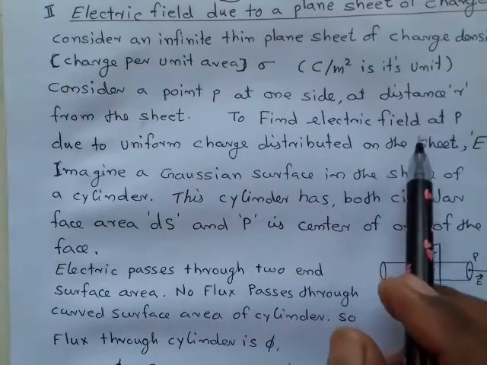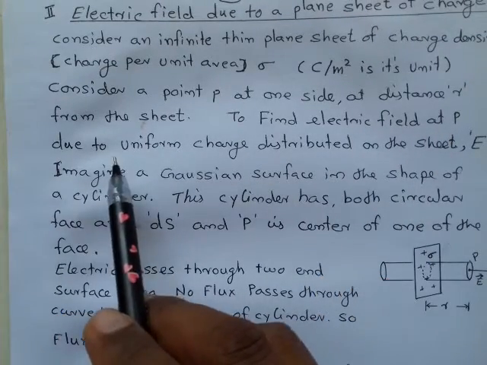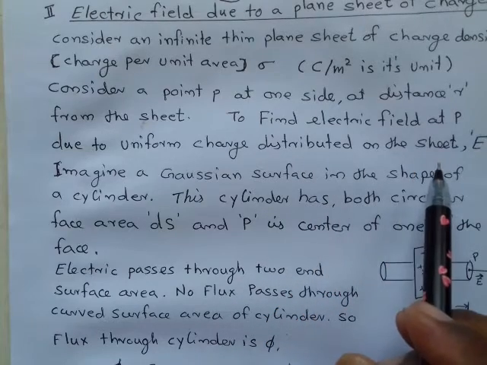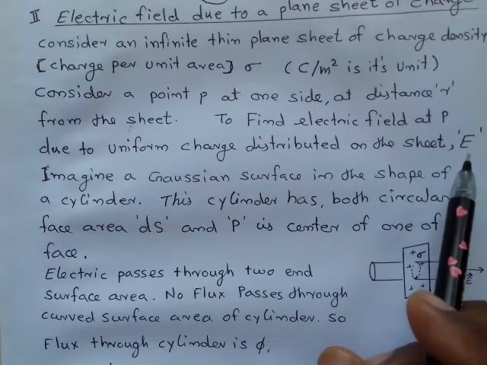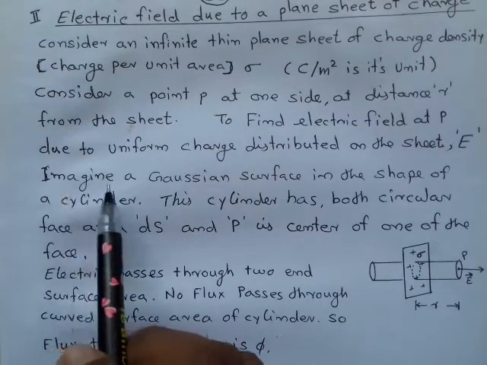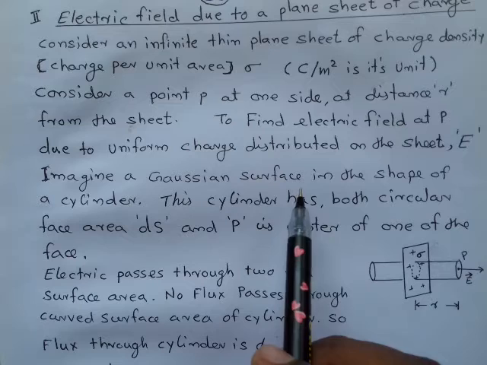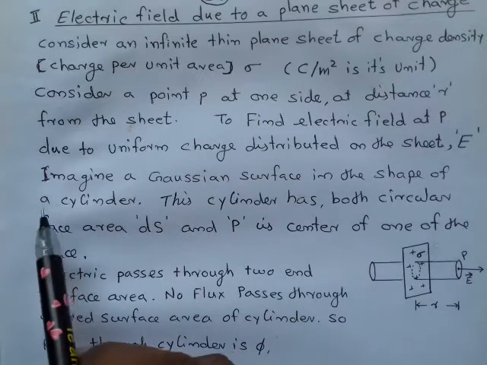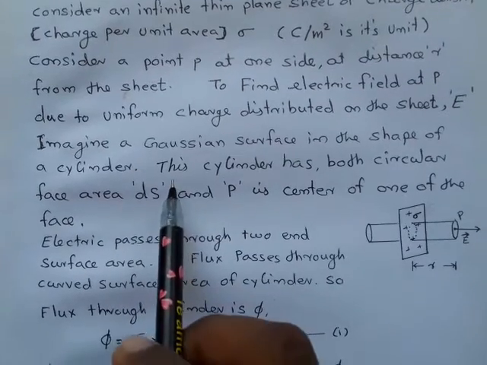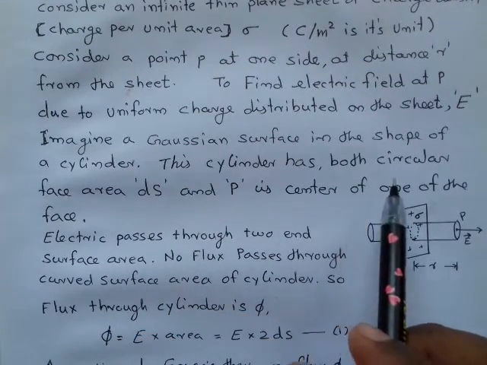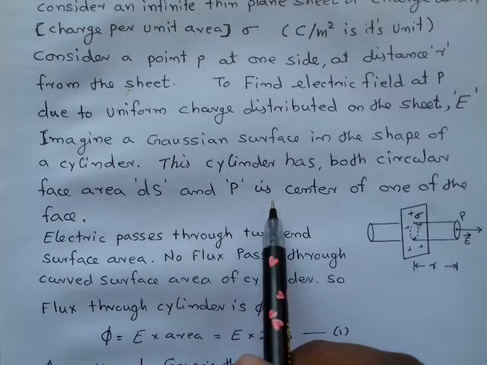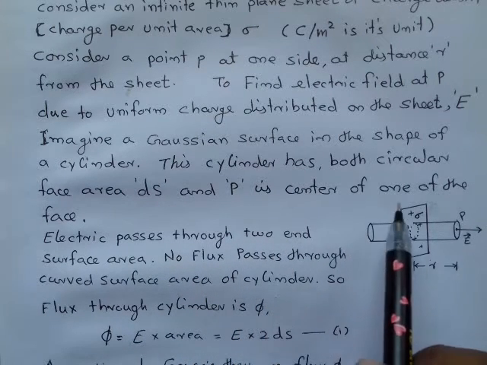To find the electric field at P due to uniform charge distributed on the sheet, which is written as E, what you have to do? First you have to imagine a Gaussian surface in the shape of a cylinder. This cylinder has both circular faces of area ds and P is the center of one of the faces.